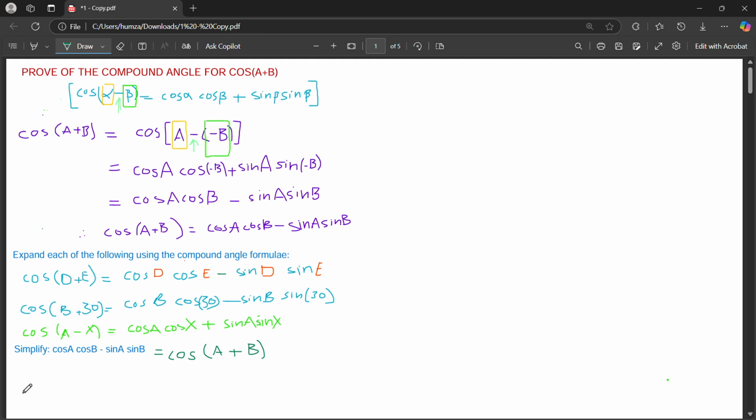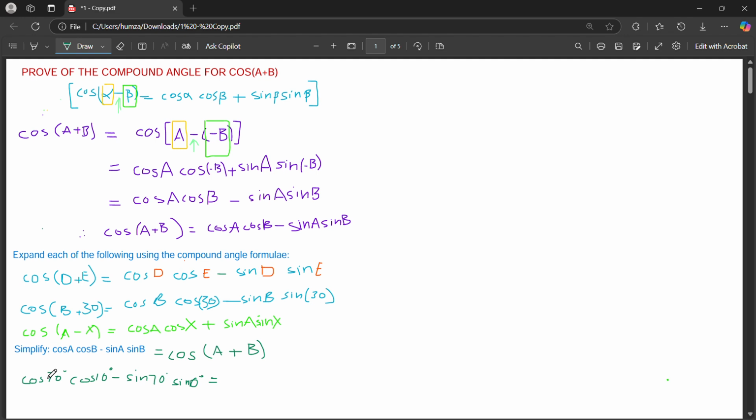They could also give you something like cos 70 degrees cos 10 degrees minus sin 70 degrees sin 10 degrees. Please remember, if it comes out in the exam, don't use your calculator to find the values of cos 70, cos 10, sin 70 or sin 10 and then simplify from there. This doesn't work like that.